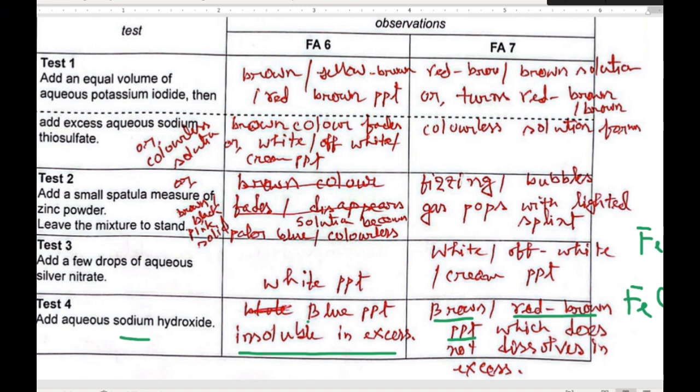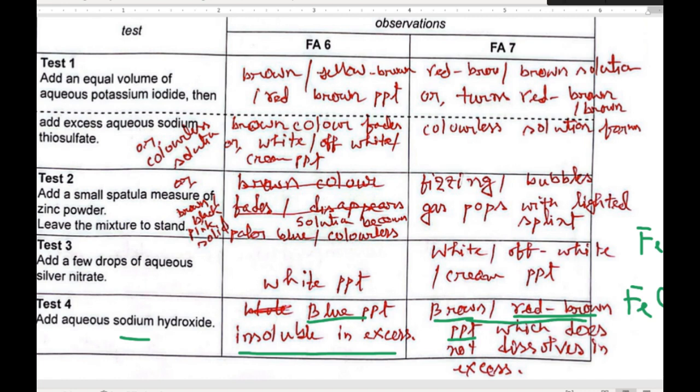Then you write precipitate does not dissolve in excess sodium hydroxide, and you must write this for sodium hydroxide and ammonia solution. You add a few drops first, then you add more. After adding few drops, you will write what color precipitate is formed. Here blue precipitate forms. Here brown or red brown precipitate is formed. After that you add more sodium hydroxide.